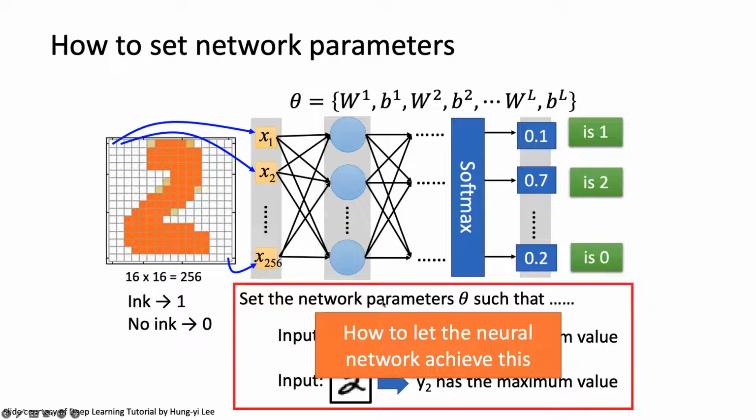Now the problem is how to let the neural network achieve the highest prediction score for the correct label. For this purpose, we need to prepare the training data for the relevant task. And here we're talking about supervised learning. So the training data has two parts.